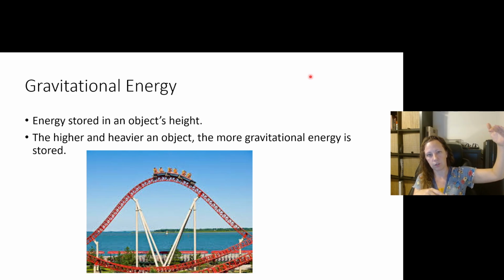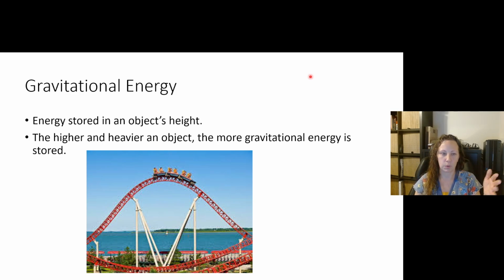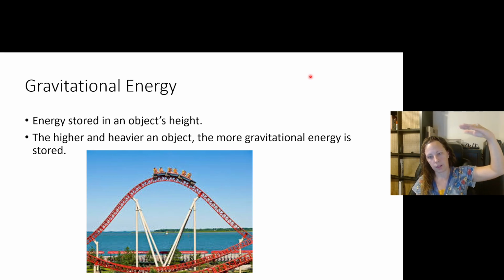And that is gravitational energy. When he was high up at the top of that ramp, he had a high potential energy, high gravitational energy, further to go down. And when he's lower, then there was less. If I had switched from the cat to a human and changed the weight, you would also see that the potential energy would increase at the same height because of that weight.